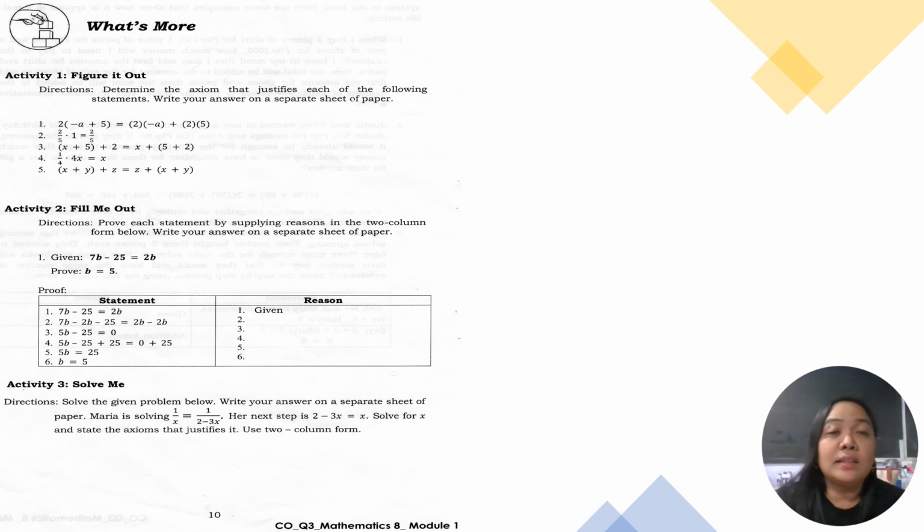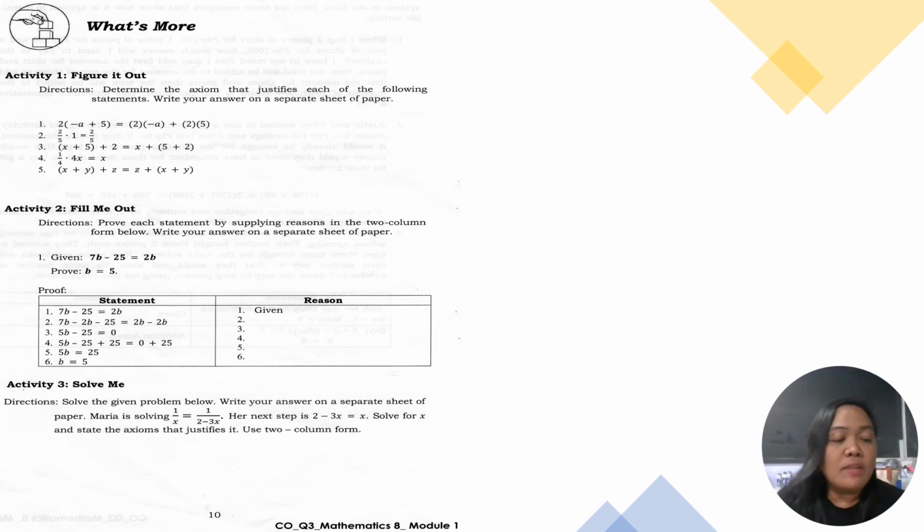Okay, what is activity number 3 all about? So given a problem there, write your answer on the answer sheet. Again, you are provided with an answer sheet by your teacher. Write all your answers in the answer sheet. So, given Maria is solving 1 over x equals 1 over 2 minus 3x. Her next step is 2 minus 3x equals x. Now solve for the value of x and state the axioms that justify it.